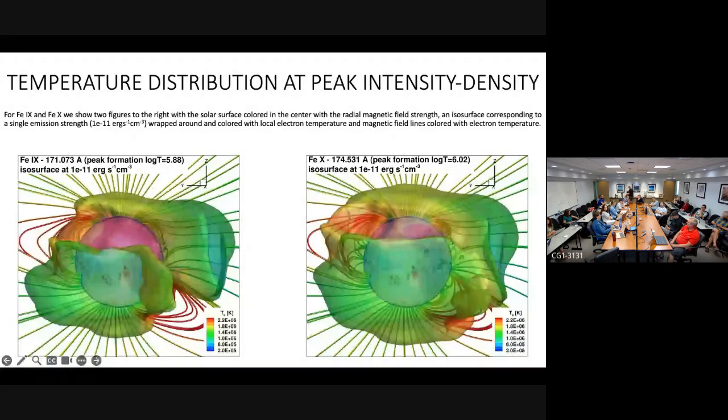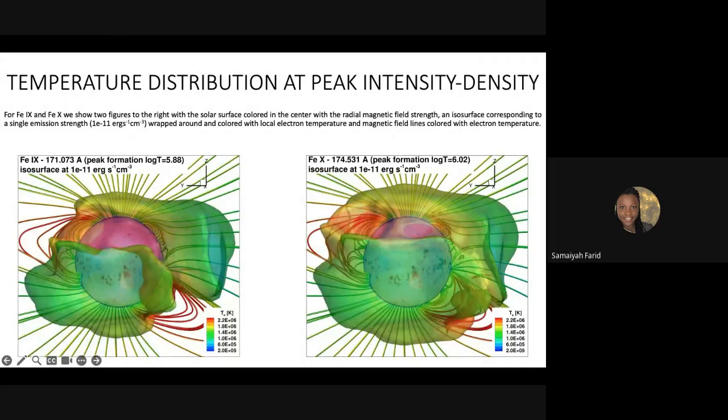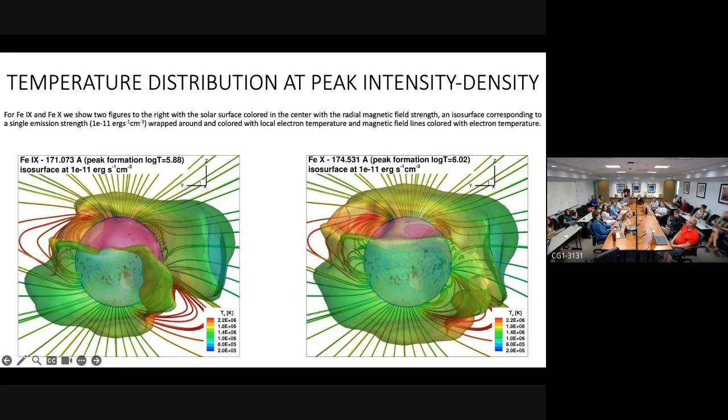What was the question? I'm sorry. The question was, I wanted to ask her again to step me through what you were showing on this slide. Oh, so here I calculated the emission in the 3D field, and I took the emission density, so I didn't integrate it, and I took the same value and drew an isosurface around the Sun, and I colored the isosurface with electron temperature, just to show that the same emission amount corresponds to different temperatures.